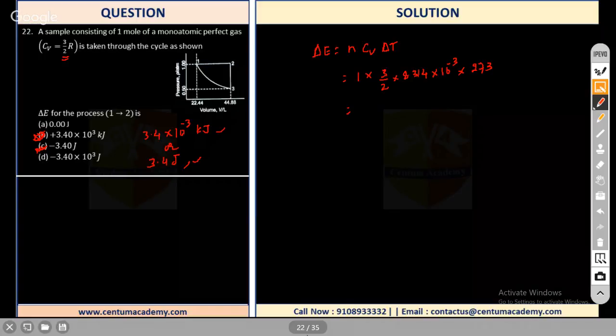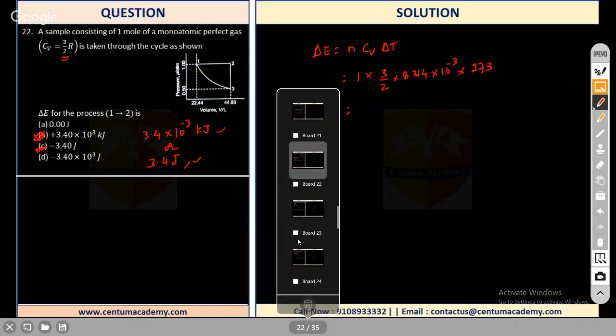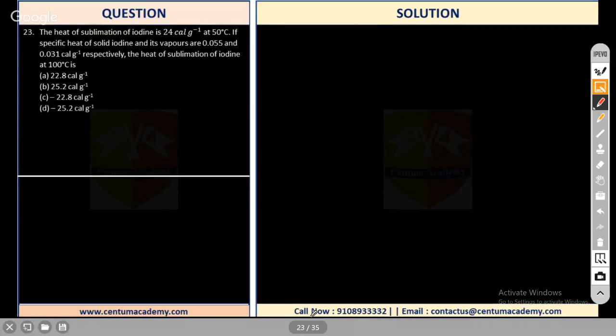Okay. One more question we'll solve for today, the last one for today. The heat of sublimation of iodine is 24 calorie per gram at 50 degrees Celsius.